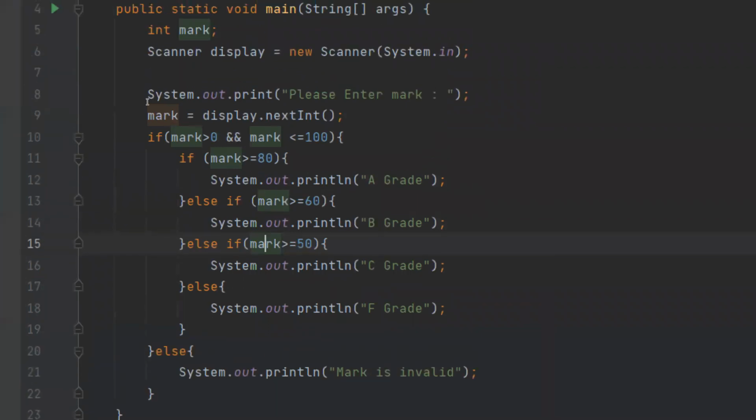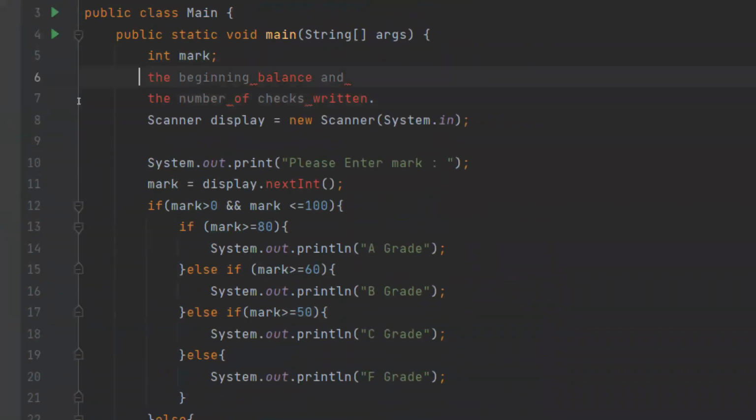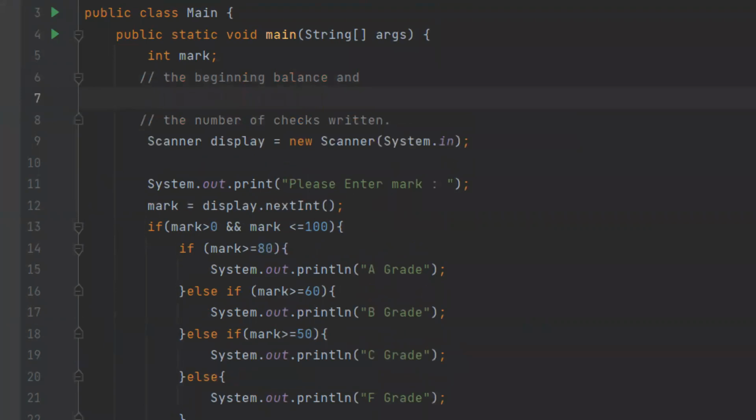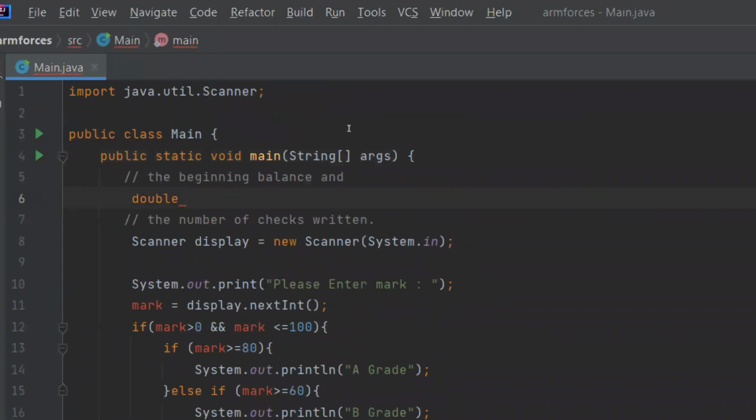Very simple. So over here, it means that I need to create two variables. One variable will hold the beginning balance. So I'm going to say double, because it is money, I can't use int, else the pesos will vanish. So double beginning, let me just write B balance.